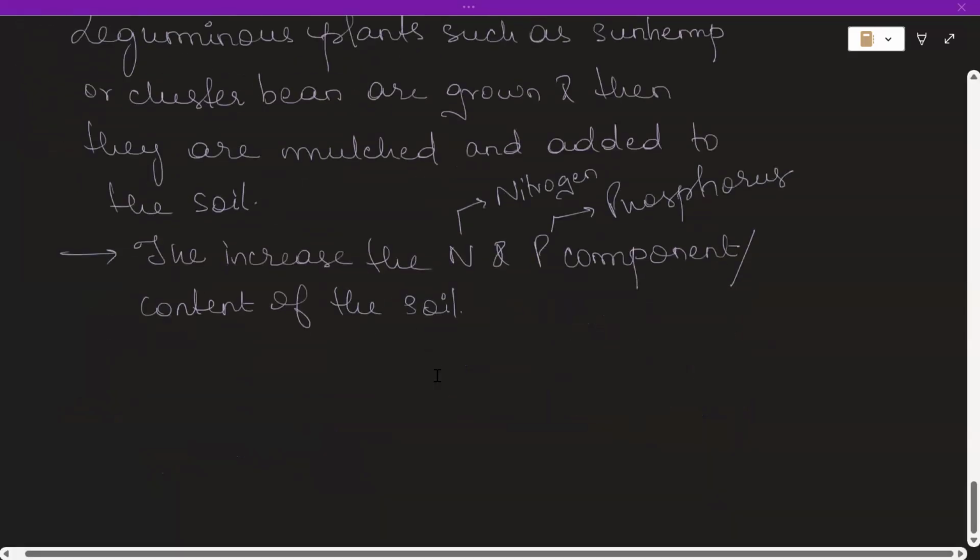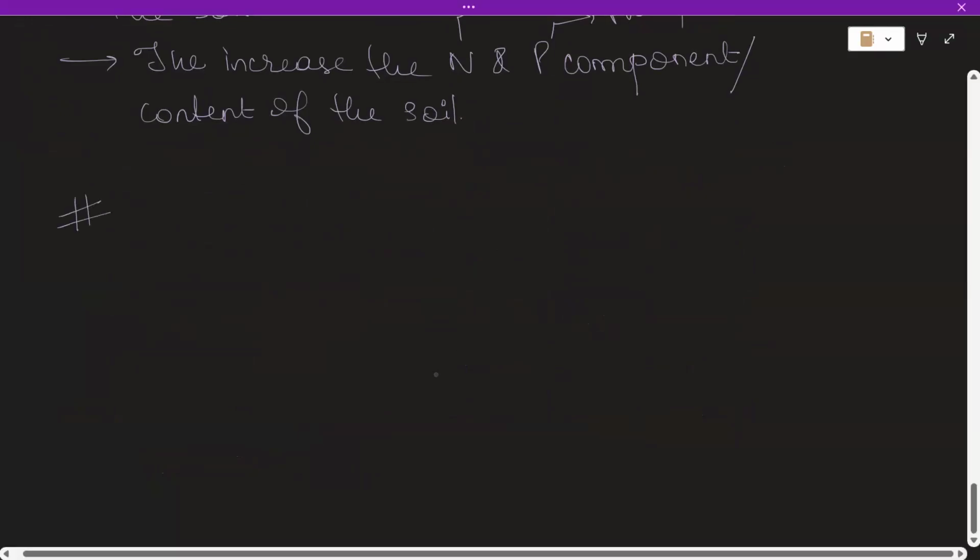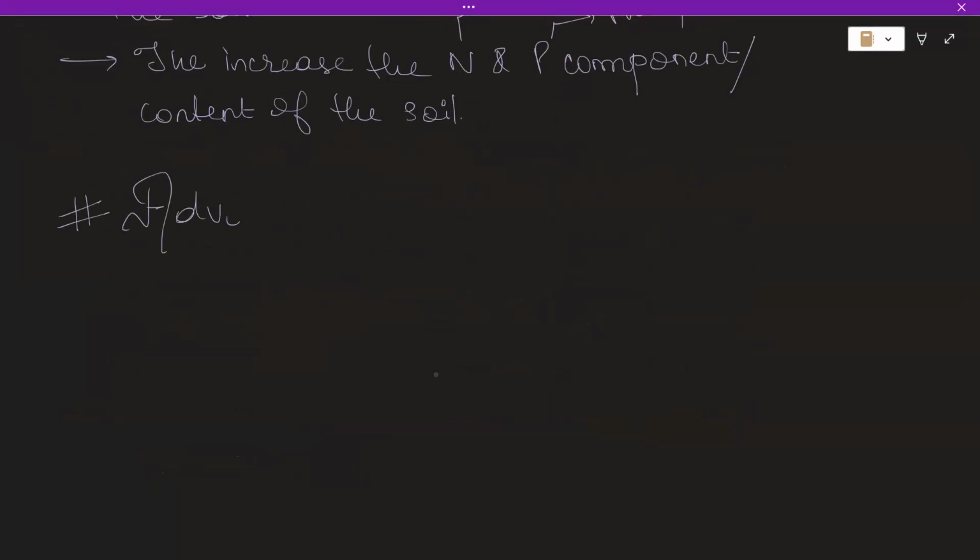Okay. Now, up until now, we have discussed manure. So let us see the various advantages of manure. What will be the advantage? It's organic, it doesn't harm the ecosystem.